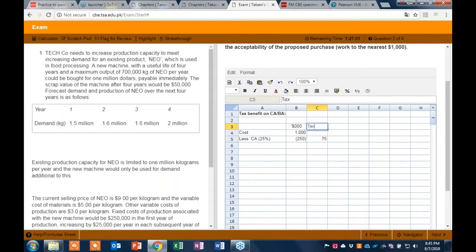This is called tax benefit because of this capital allowance being claimed. Is it clear? If not, I will explain it again before I move forward. Is it clear?